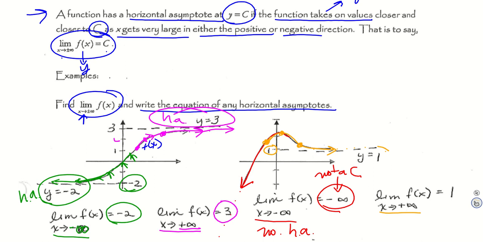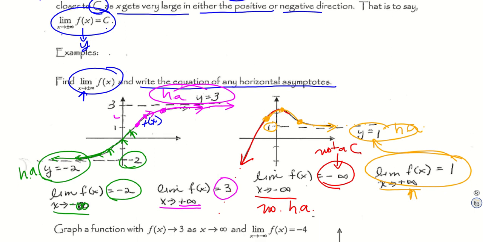Y equals 1 is a horizontal asymptote, and the limit of my function as x approaches infinity will be 1. So when the limit's a constant, y equals that constant is the equation of my horizontal asymptote.